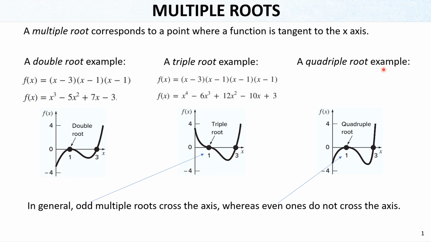So a quadruple root can also exist, and here again we have a tangent with the sign the same. We have the same region before and after the root, but you can see the difference between the double and quadruple. This is just touching and going down quickly, but this is maybe going more smoothly at the x-axis, more straight.